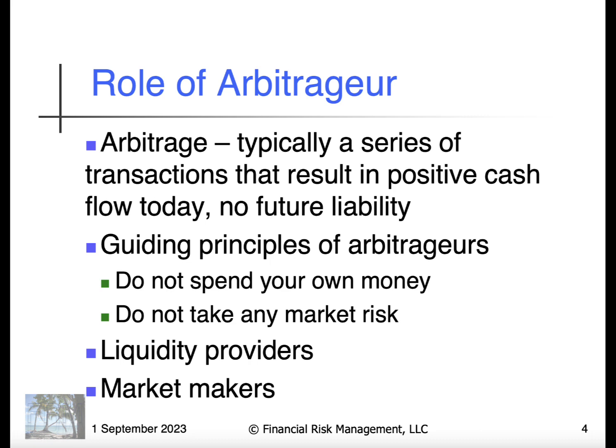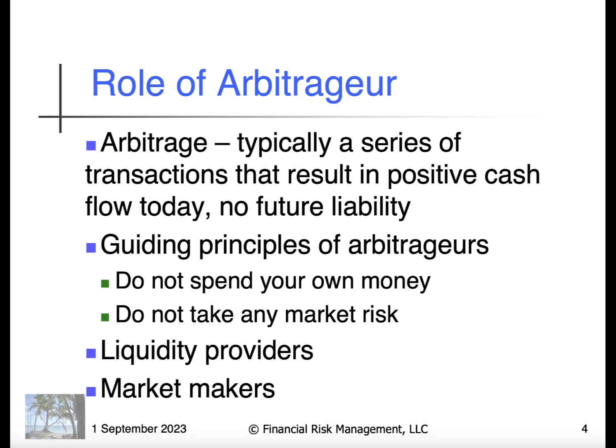In order to understand the life of an arbitrageur, they operate based on two guiding principles. One is don't spend your own money, and the other is don't take any market risk. This is a great way to make a living if you can find enough arbitrage transactions, because you're basically putting money in your pocket at no risk in the future.